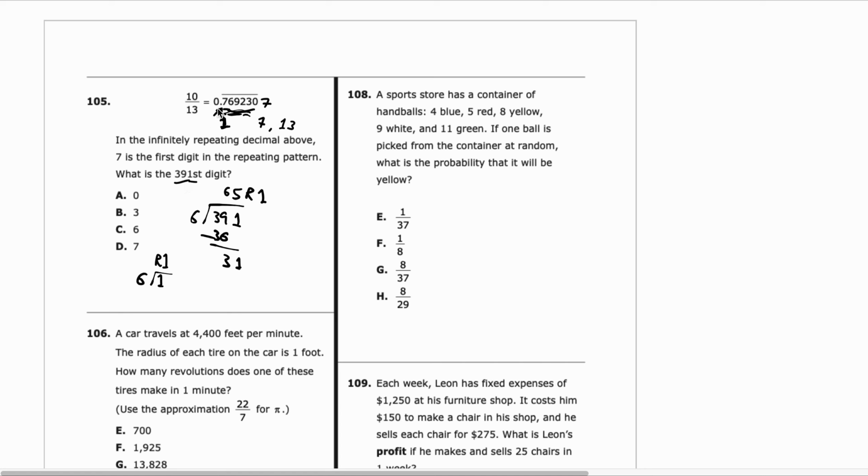So the places where you have a remainder of 1 when divided by 6, those are the places where you're going to have a 7. And so when you divide 391 by 6, you get something with a remainder of 1. So that means that at the 391st digit, you're going to have a 7. And so that's going to be D.